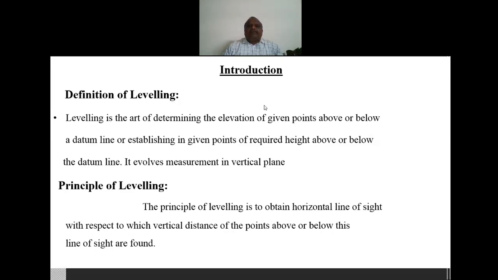So it involves measurement in a vertical plane. What is the principle of leveling? The principle of leveling is to obtain a horizontal line of sight, with respect to which the vertical distance of points above or below this line of sight is found.